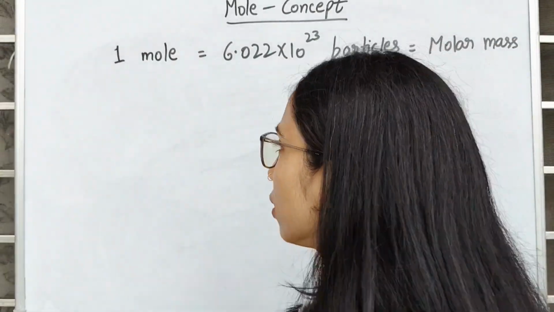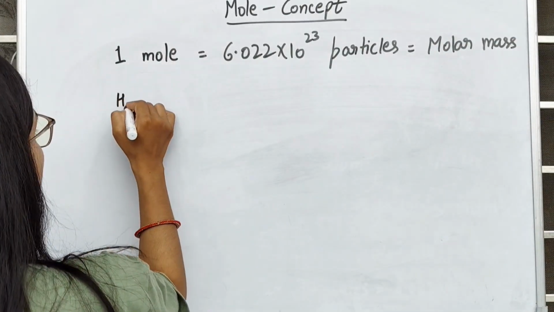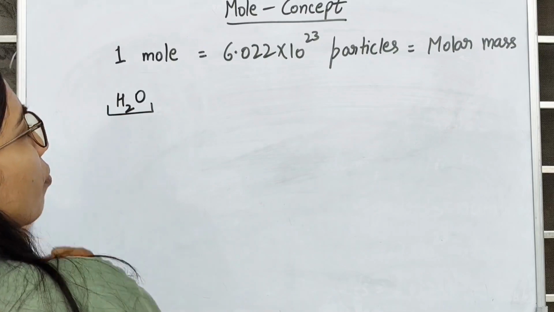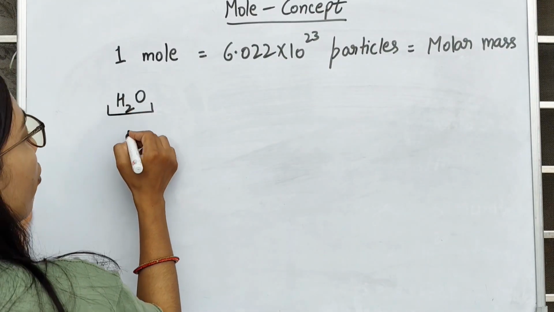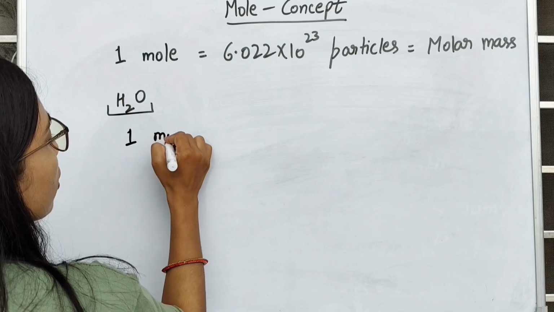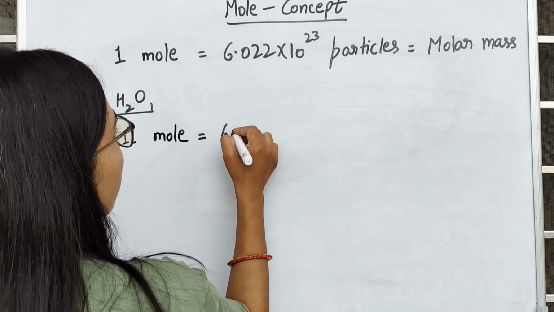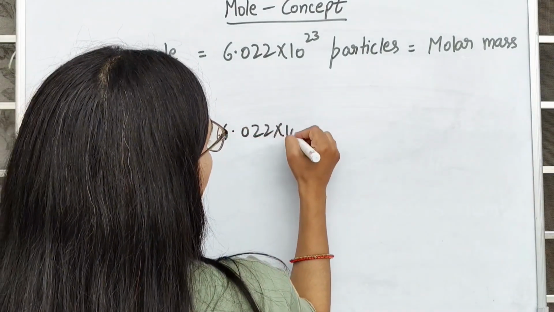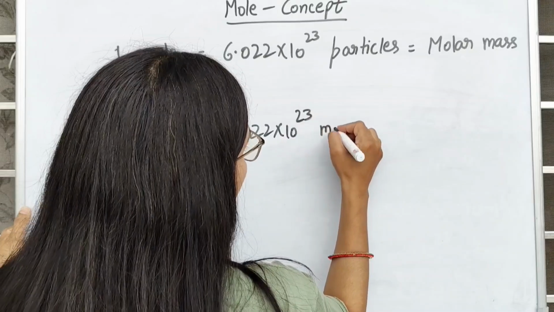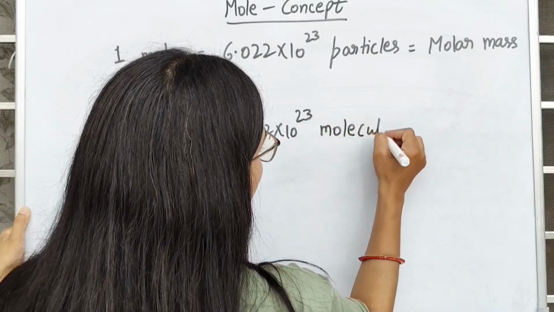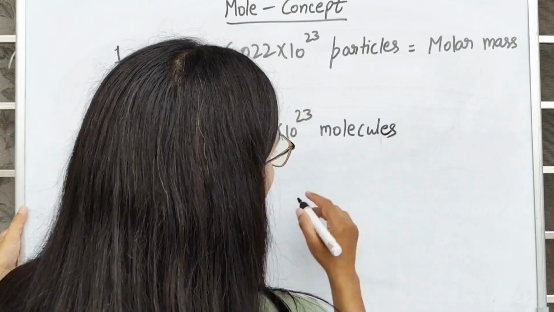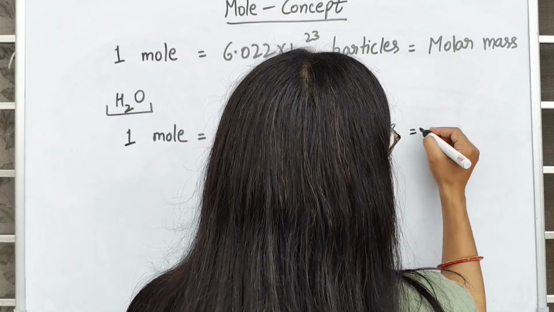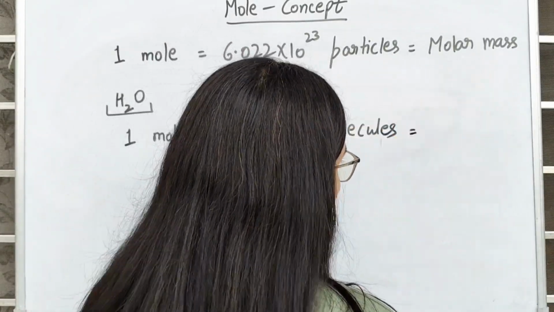Let's take an example, water. Of course, this is a molecule. So if we take 1 mole of water, then it will contain this number of molecules, and this number is equal to the molar mass of water.